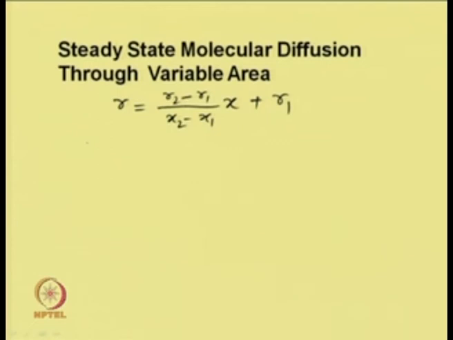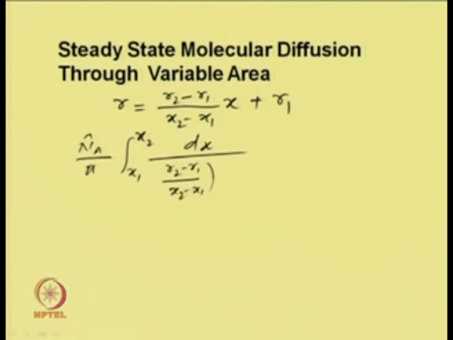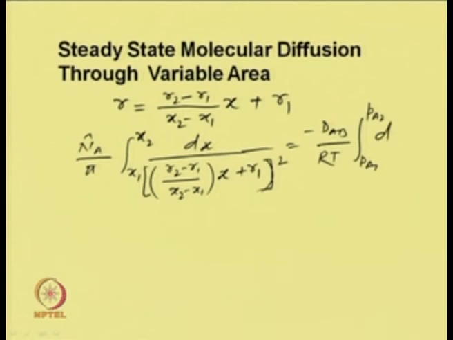So, it will be Na cap by pi integral x1 to x2 dx by [(R2 minus R1) by (x2 minus x1) into x plus R1] square is equal to minus DAB by RT integral PA1 to PA2 dPA.